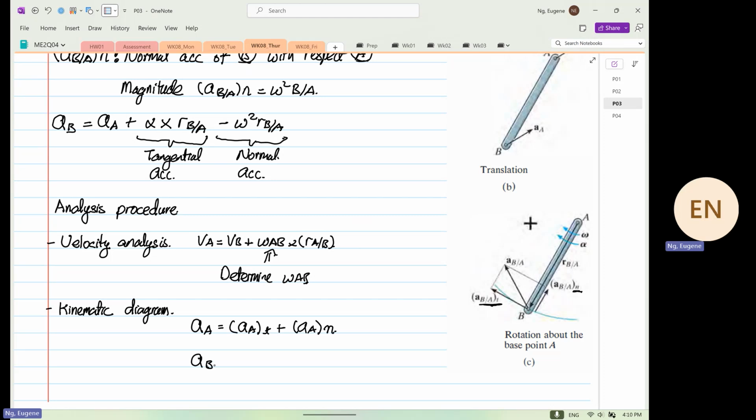Likewise, acceleration at point B is equal to acceleration at point B in the tangential direction plus point B in the normal direction. So for both of them, you have to determine the direction. This is just a general formula. Later on, we just put minus.